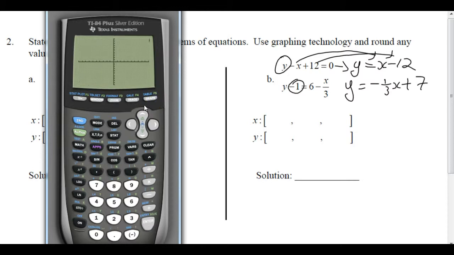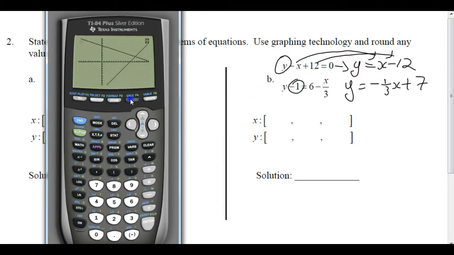Hit graph. So you can see the intersection is somewhere to the right of 10. So we're going to have to adjust our window. Looks like it happened out about here. Let's take the window out to 20. Hit graph. First curve, second curve, good enough.